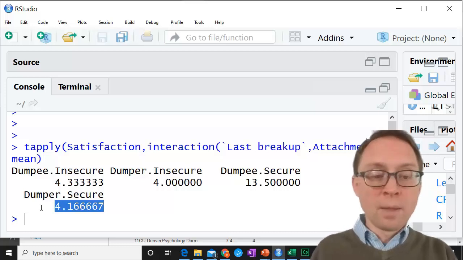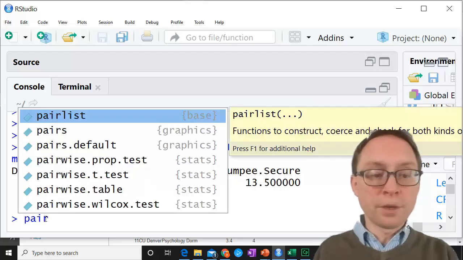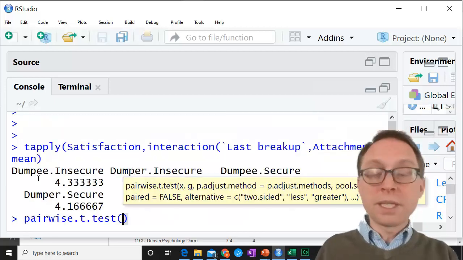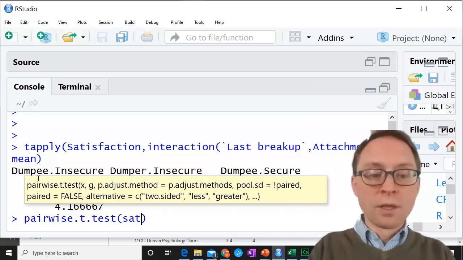So let's go ahead and do a pairwise t-test for these interactions. Pairwise t-test, just like we did for the one-way analysis of variance, but now we're going to do it for the interaction.